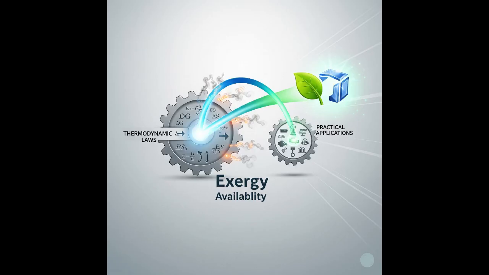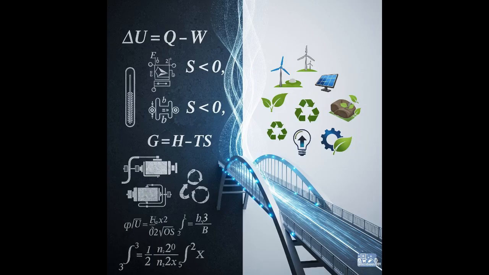In this upcoming section, we will build directly on these principles to explore the concept of availability or exergy, which tells us the maximum useful work we can extract from a system, and how to quantify and improve the efficiency of materials processes, moving beyond simple energy balance to a more insightful thermodynamic analysis. This will show us how these fundamental laws translate into practical implications for energy utilization and sustainability in materials engineering.